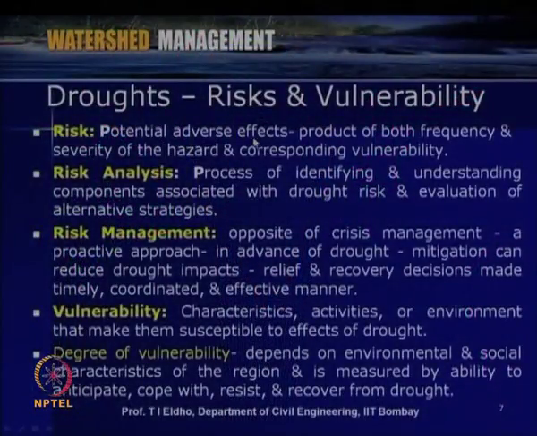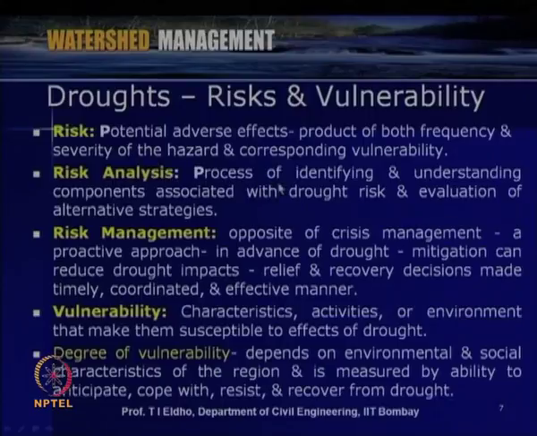When we discuss risk and vulnerability, risk is the potential adverse effects, a product of both the frequency and severity of the hazards and the corresponding vulnerability. So, this is the definition of risk. For an area concerned, we have to go for risk analysis, based upon the potential adverse effects.